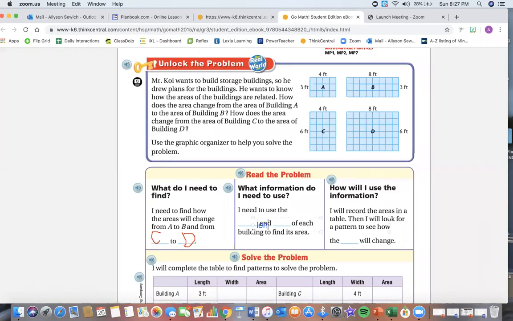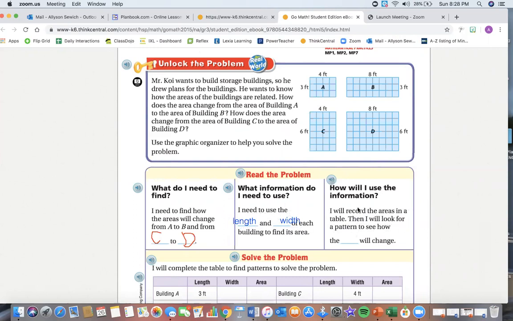There we go. So we need to know the length and the width. Sorry about that. Okay, so we need to know the length and the width of each building.